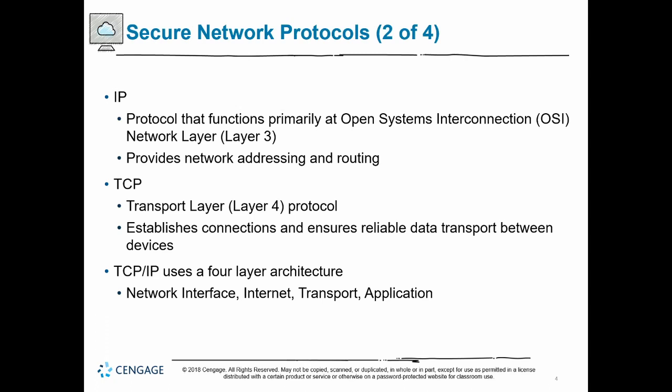TCP/IP uses a 4-layer architecture: network interface, internet, transport, and application. So I think what they're trying to say here is there are two different architectures. We're going to be talking about the OSI model and TCP/IP. When we're talking about TCP/IP, there's network interface, internet, transport, and application, versus the OSI, Open Systems Interconnection model.